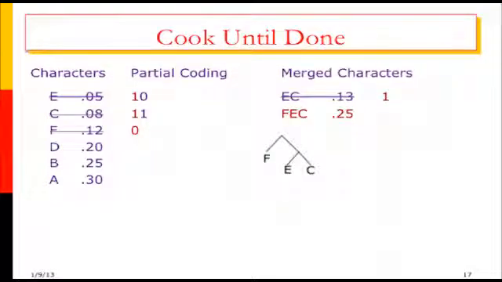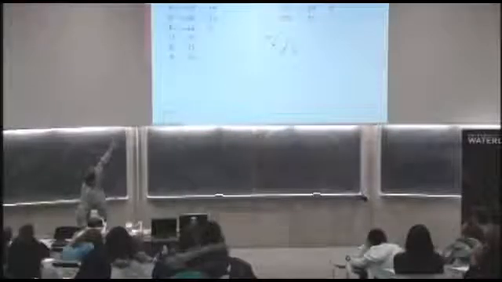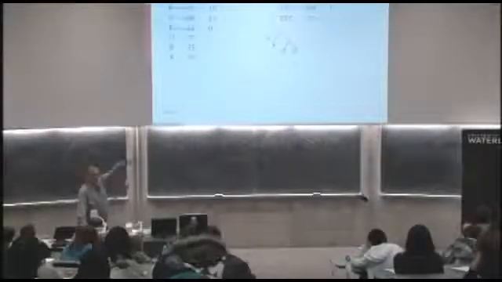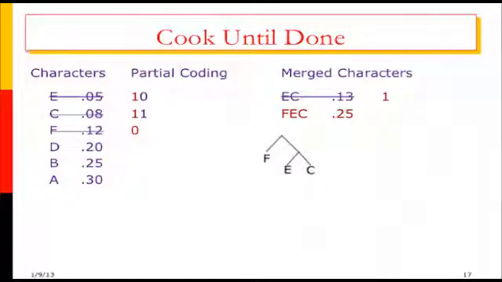The idea will be that we'll have F, E, or C. The first few bits to represent either of them will be the same. But then after that part that is in common, to represent an F, you just put a 0. To represent an E or a C, you put a 1 and then go to the left for an E, or a 1, 1 for a C.